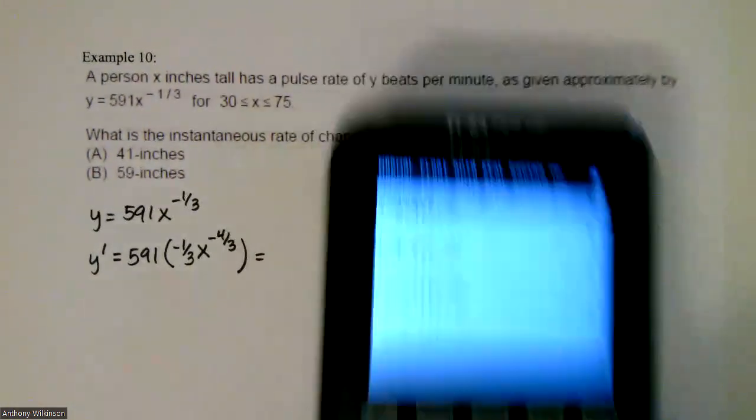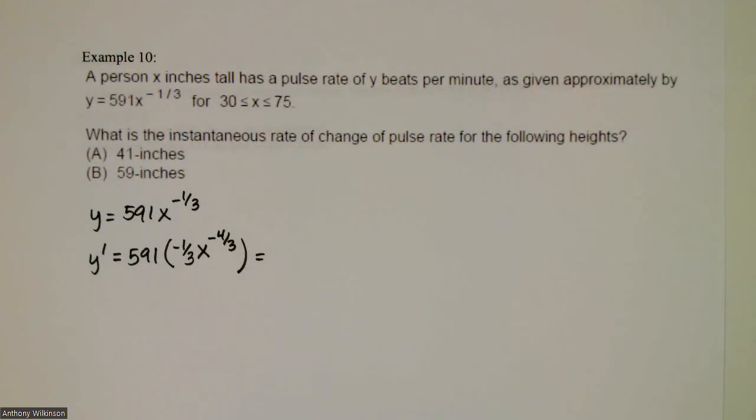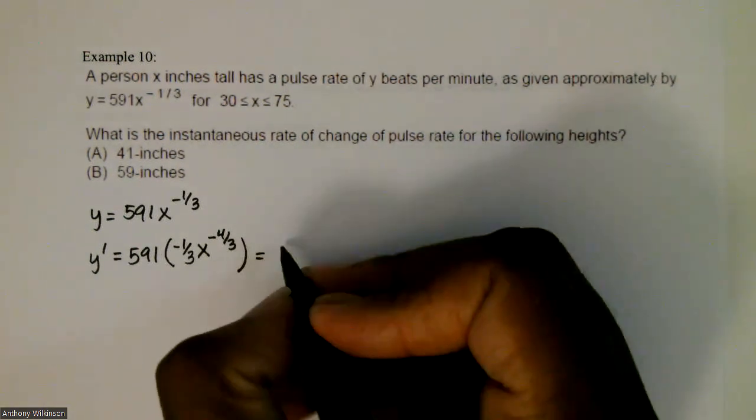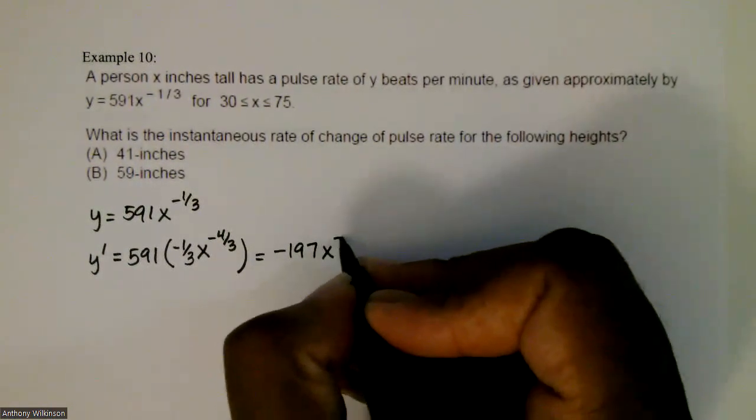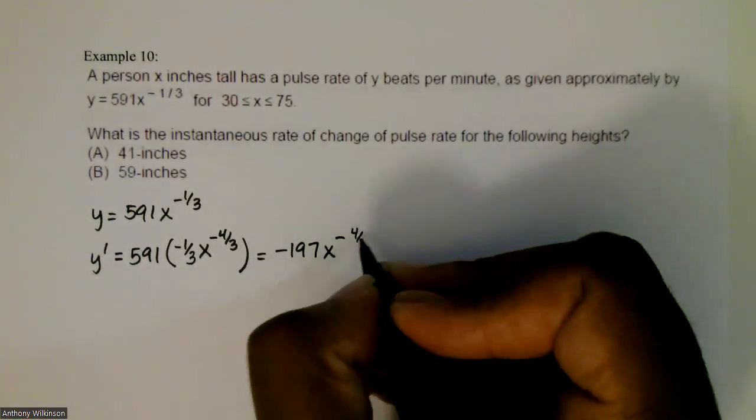That's that exponent. Now, if I simplify this, negative 591 divided by 3 would be negative 197, and then x to the negative 4/3.